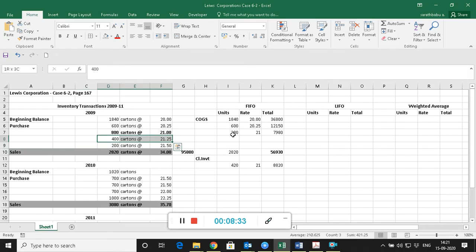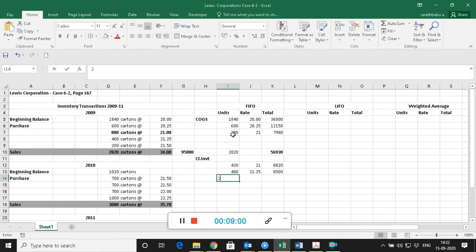Did I use it for issuing material? No. So therefore the entire fourth lot is available. The fourth as well as the fifth lot is available in the closing inventory. So my closing inventory is 400 at the rate of 21.25, and the total is 8,500, which you can see over here.